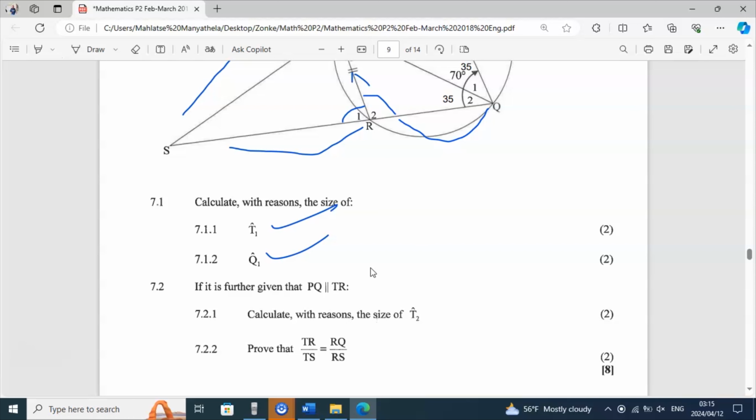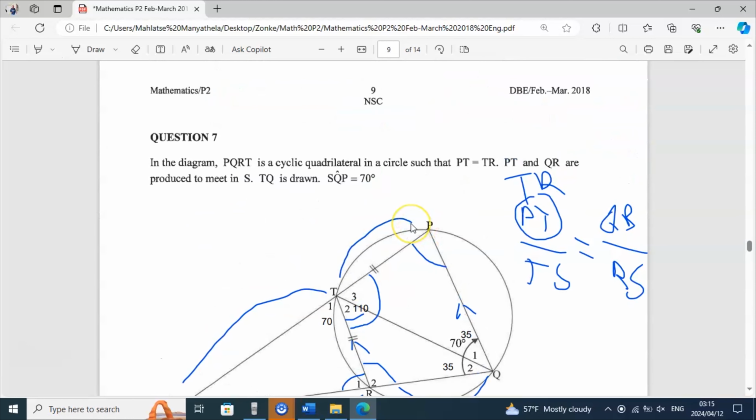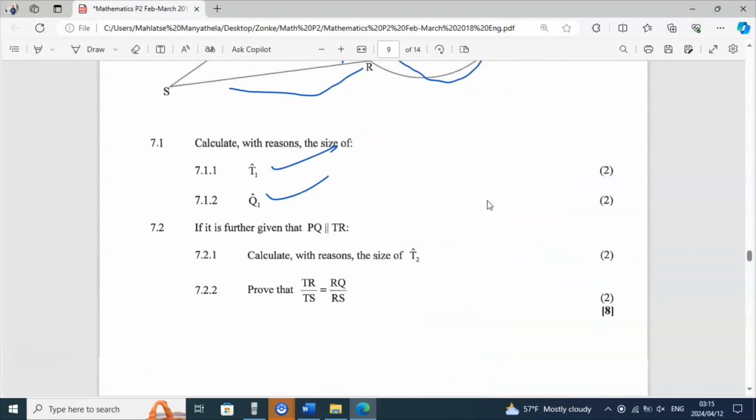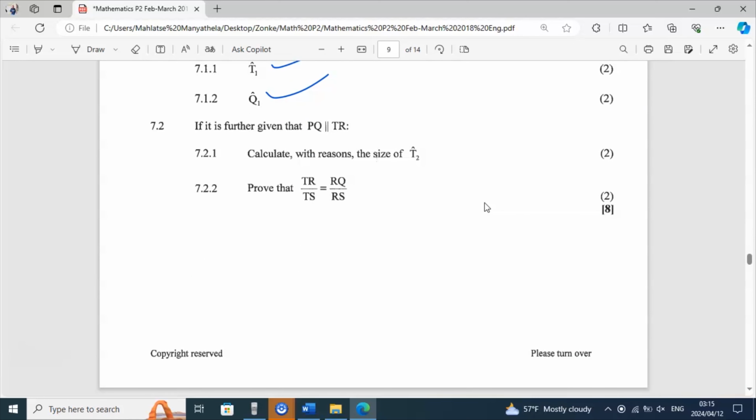If it is further given, it is additional information. It is that information that was not provided in the statement. Nothing has changed. They just added another thing in the questions.